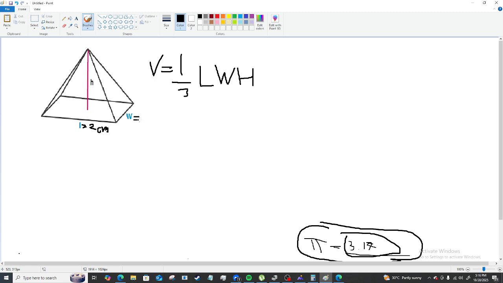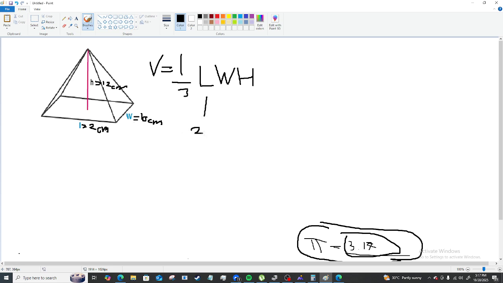This equals 10 cm. And height equals 12. Height is 12 centimeters. Length is 2 centimeters. And width is 10 centimeters.